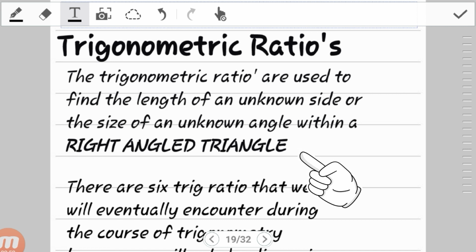In this video we're just going to be focusing on finding the length of the side, but in another upload I'm going to show you how you can use it to find the size of an angle.